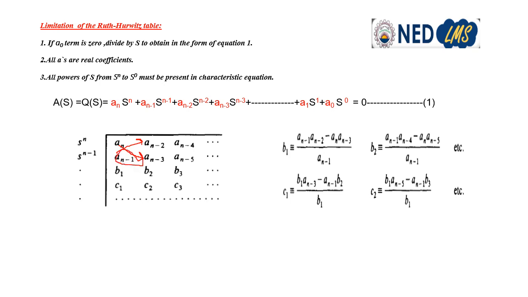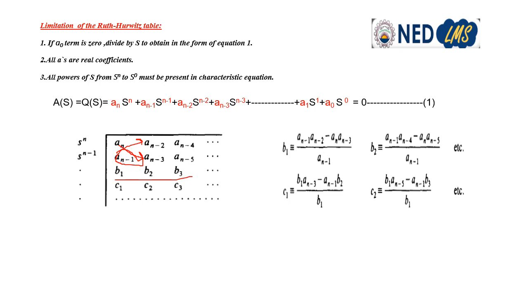For all the values in the third row, we will divide by the first element of the just preceding row. For example, for the third row, for all the values b1, b2, b3, we divide by the first element, that is an minus 1 of the previous row.